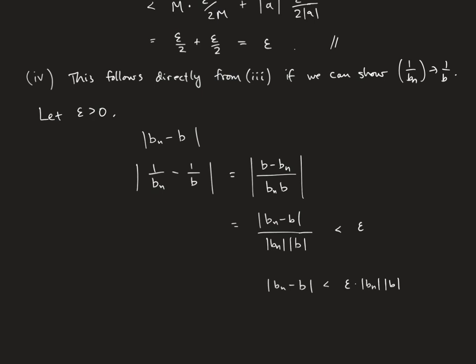Before we can do anything like this, we essentially need to replace this bn here with an appropriate constant. And you might think that we want to do the same thing as before and say bn is bounded, so it's less than or equal to some m, but that's not going to work here because what we really have is 1 over bn. So we have 1 over the absolute value of bn, and I want to say that that's less than something.